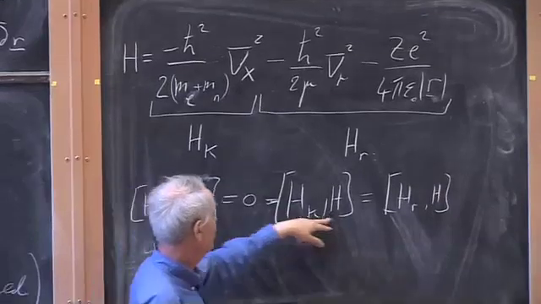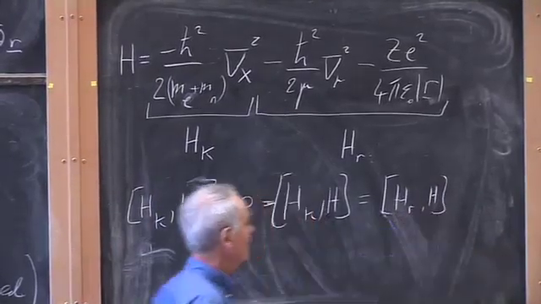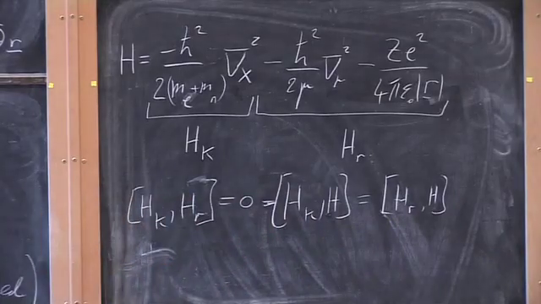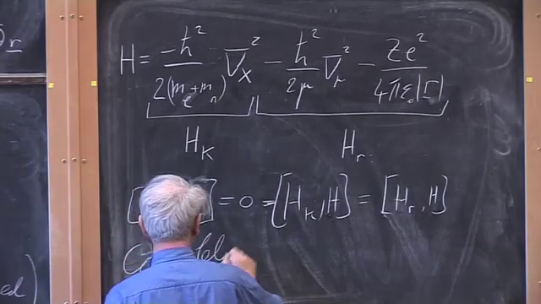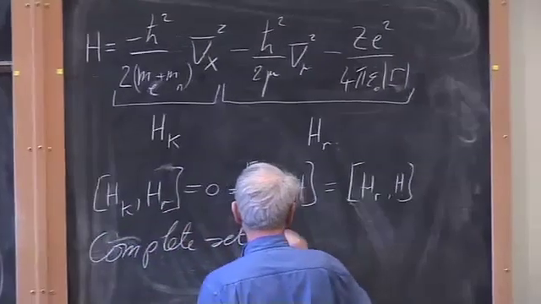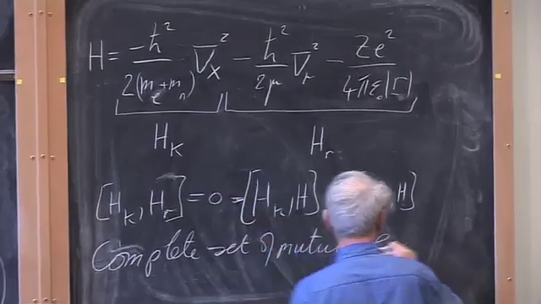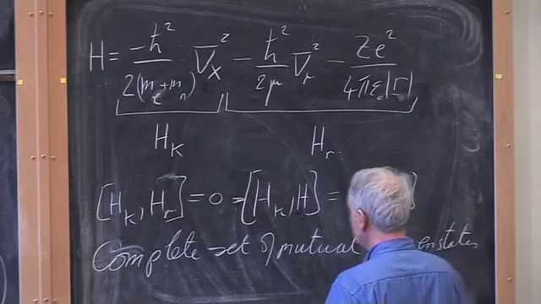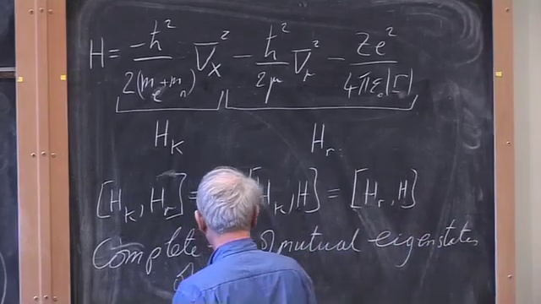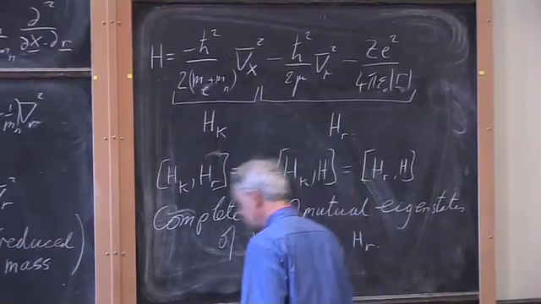So this vanishes, and similarly, this vanishes for the same argumentation. So we have three mutually commuting operators. That means there's a complete set of mutual eigenstates of h, hk, and hr.